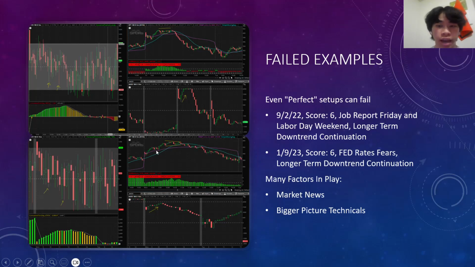Similarly, on January 9th, it was the same thing, same score, 6, perfect score, but there was Fed rate fears in the middle of the day, and there was a longer term downtrend continuation, so it just didn't work out. And it makes you realize that there's many factors in play in the market, such as the market news or a big resistance level on a bigger picture time frame. So you have to always keep that in mind when you're taking these setups.